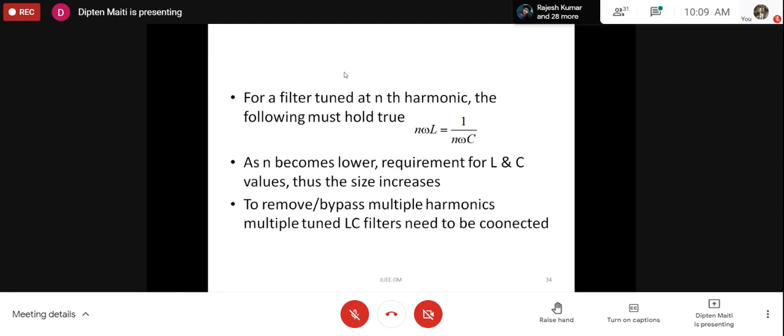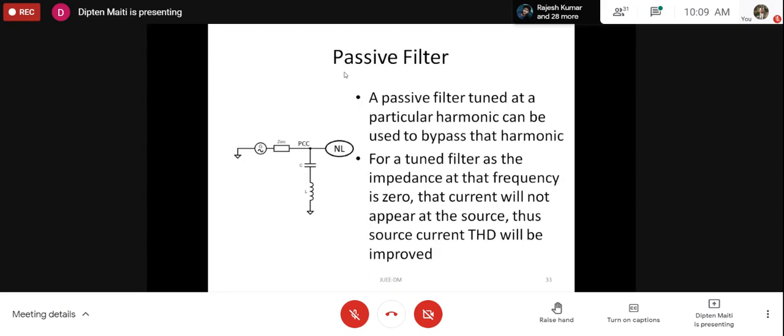So if the nonlinear load produces the nth harmonic component of current, that current would find a low impedance bypass path through this combination of L and C.